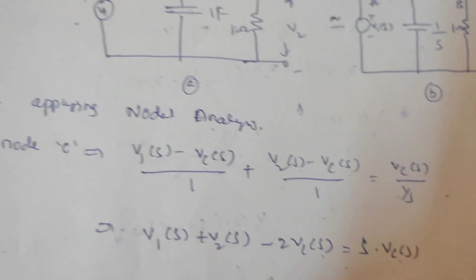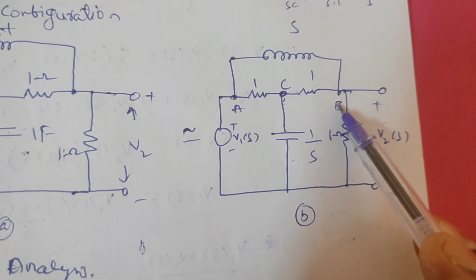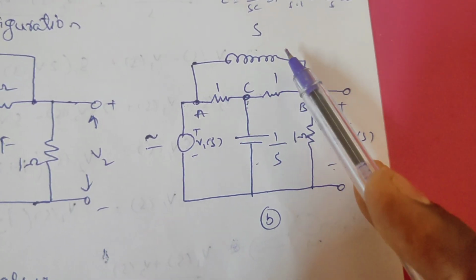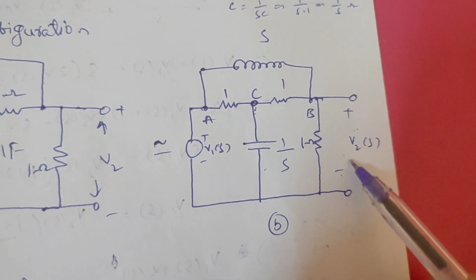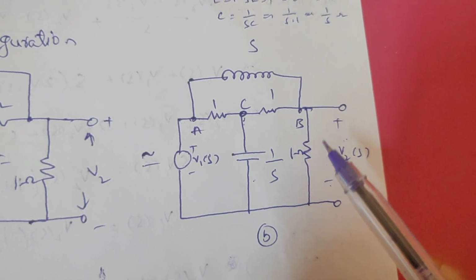Similarly, apply nodal analysis at node B. At node B we get V2 of S minus V1 of S by S, plus V2 of S minus VC of S by 1, plus V2 of S by 1.